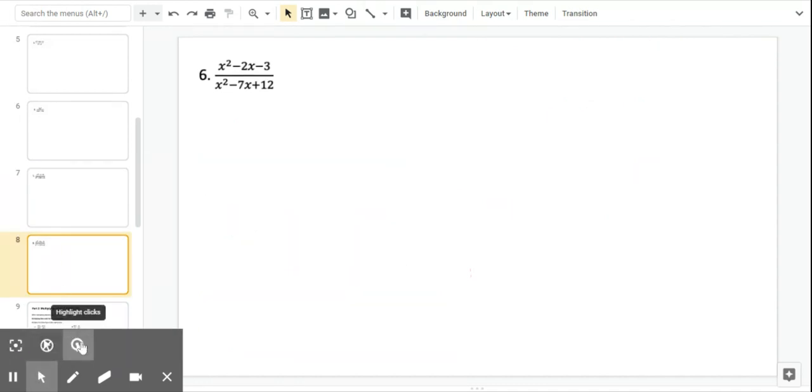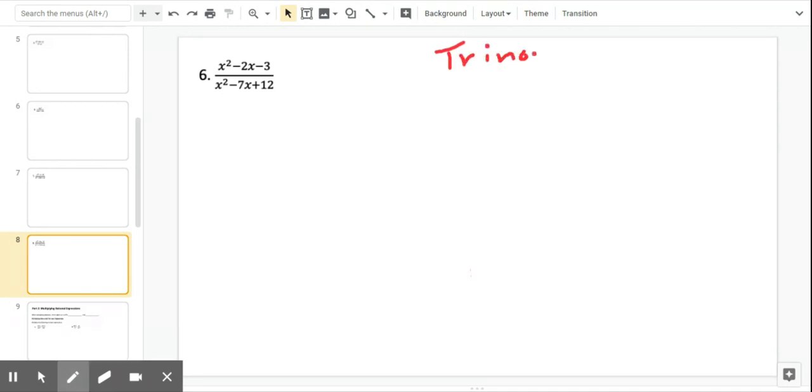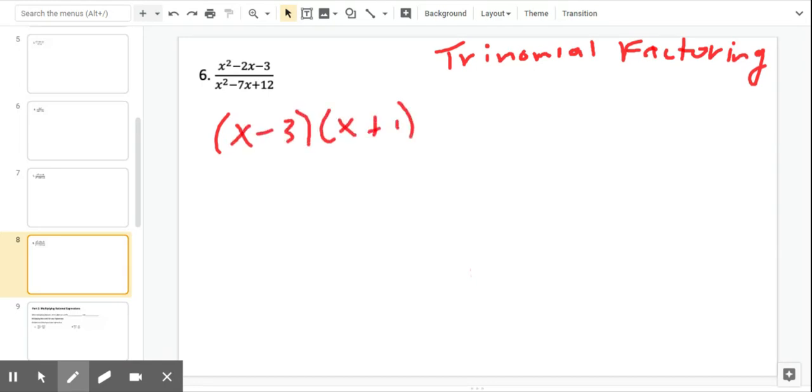All right, last one. This is just going to be trinomial factoring again. In the numerator here, we have x squared minus 2x minus 3. So we want to know what adds to negative 2 and multiplies to negative 3. That'll be negative 3 and 1, because negative 3 plus 1 equals negative 2, and negative 3 times 1 equals negative 3.